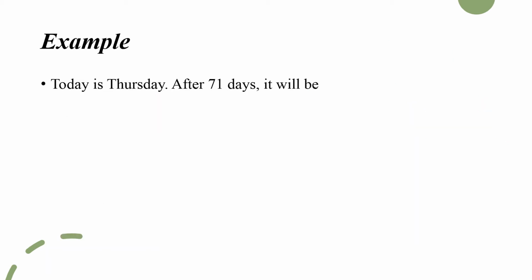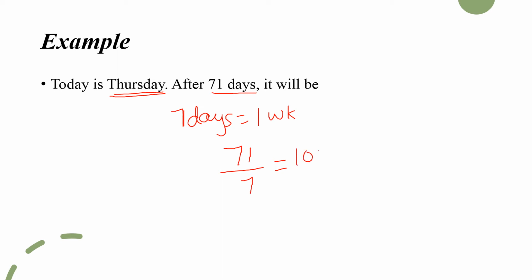In this question, they have given that today is Thursday and ask us to find what the day will be after 71 days. We already know that after 7 days, that is 1 week, the day becomes Thursday again. The same logic we apply here. If we divide 71 by 7, it gives 10 weeks and one extra day.